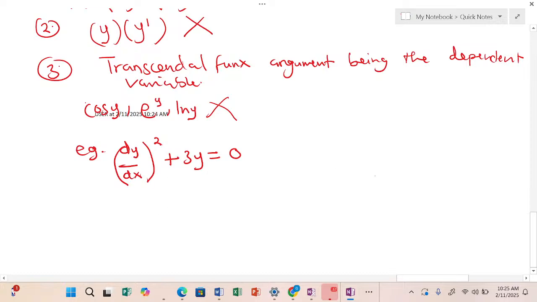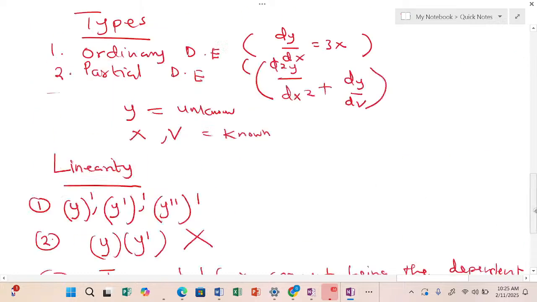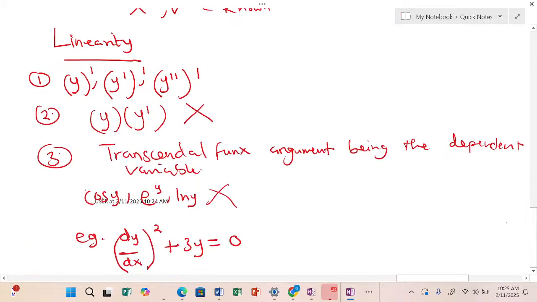And we can recall that the first condition is that the unknown variable together with its derivatives must all be to the power 1. That's y together with y prime, y prime prime, should all have a power of 1.